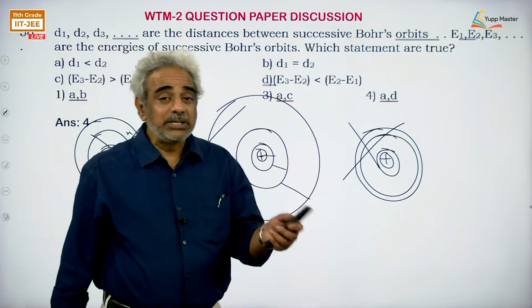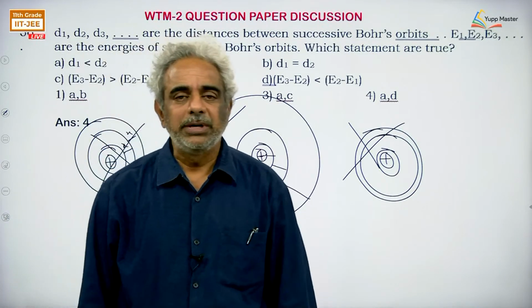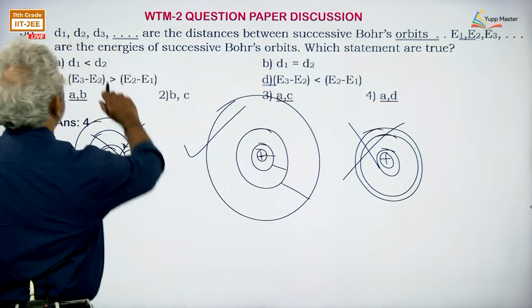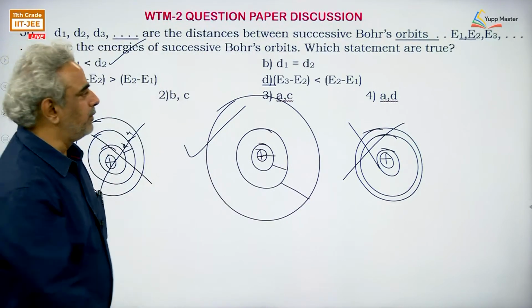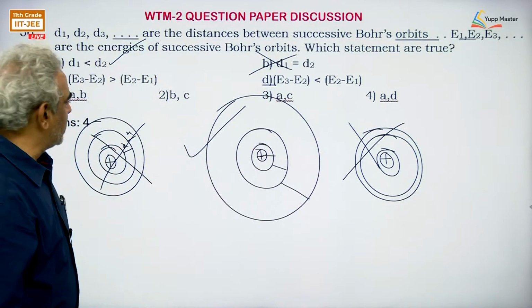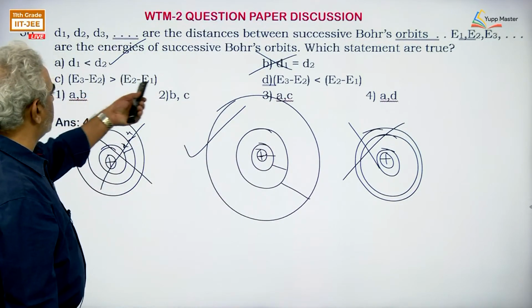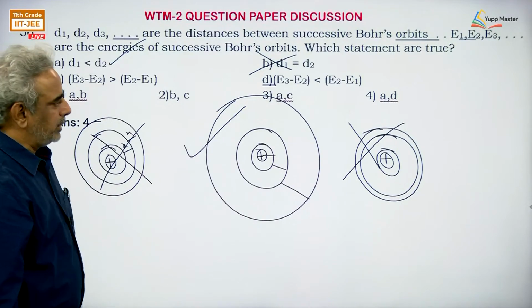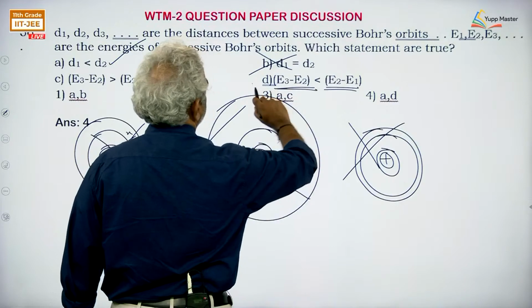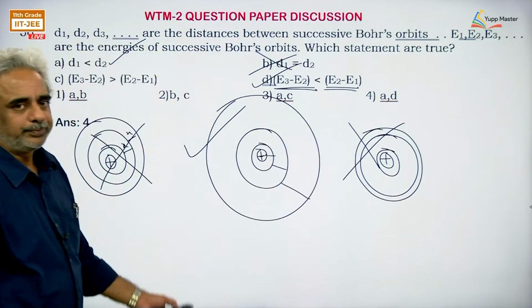The physical spacing between two successive orbits keeps on increasing. So D1 is less than D2 is a correct statement. D1 is equal to D2 is a wrong statement. What about the energy gap? The energy gap keeps on decreasing. See, this will be greater than this. So A and D are correct.